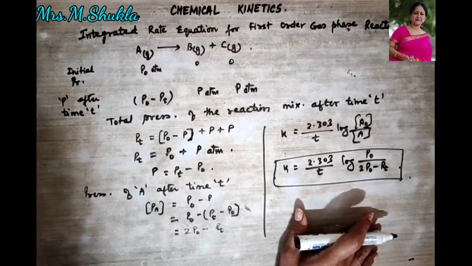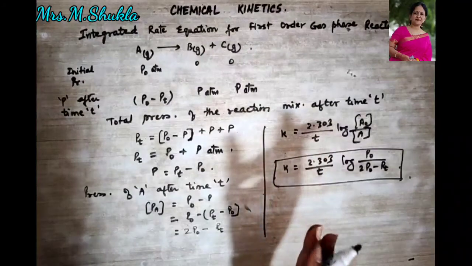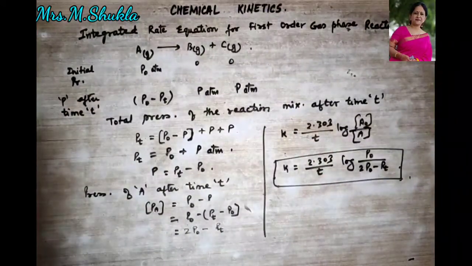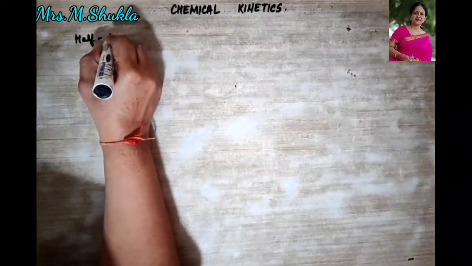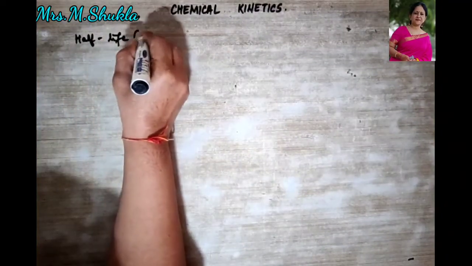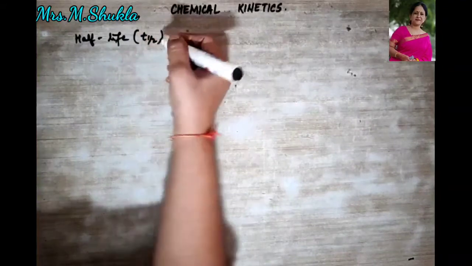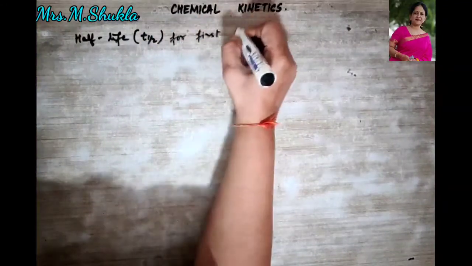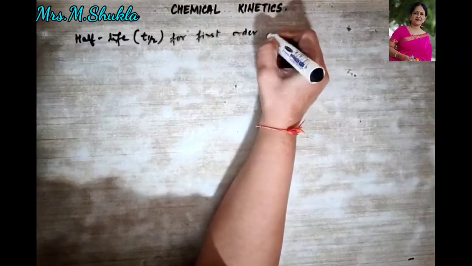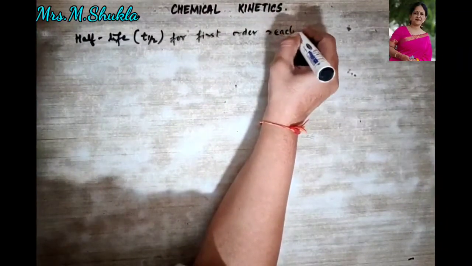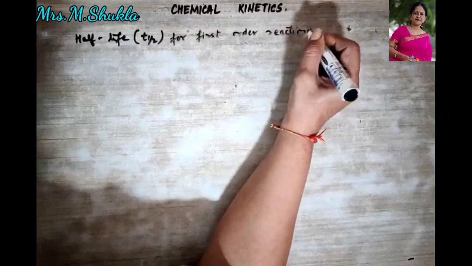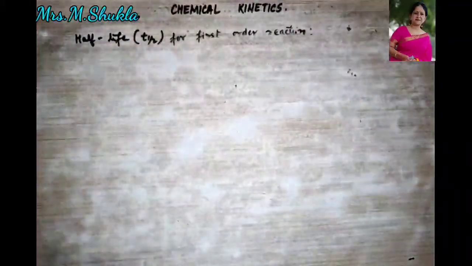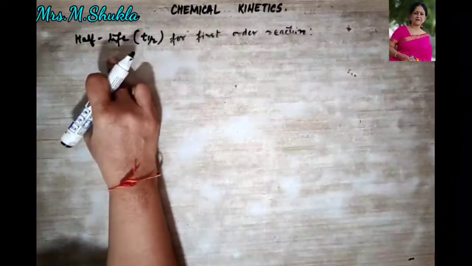Okay. Now let us talk about the half-life for the first order reaction. Half-life, that is T1 by 2, for a first order reaction. Now, what do we mean by half-life?